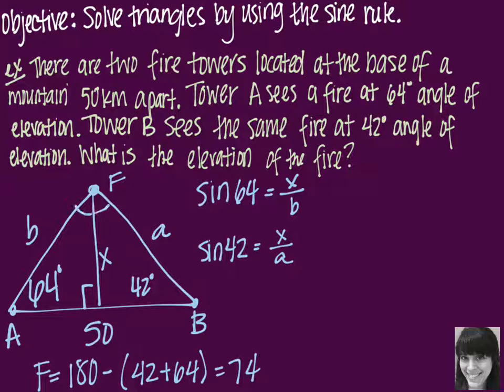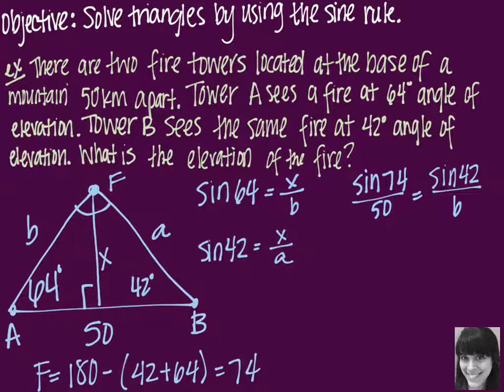Because we have this angle and the opposite side, 50. So sine of 74 over 50 equals, and let's do B, sine of 42 over B.